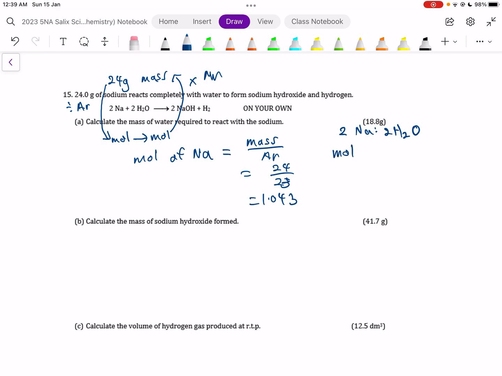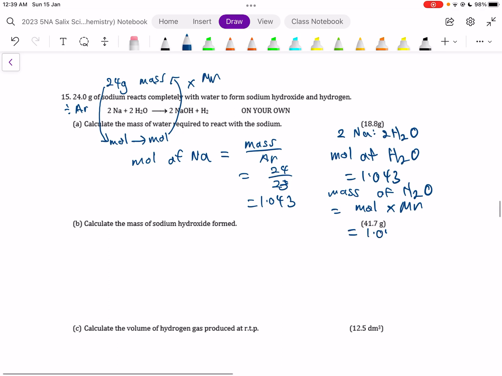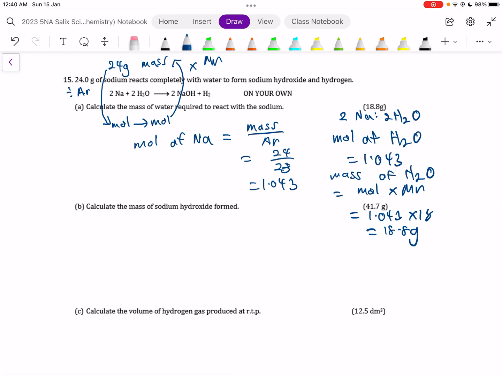So the number of mole of H2O equals 1.043. Then you can find the mass of water by taking mole multiplied by Mr. So 18.8 grams.